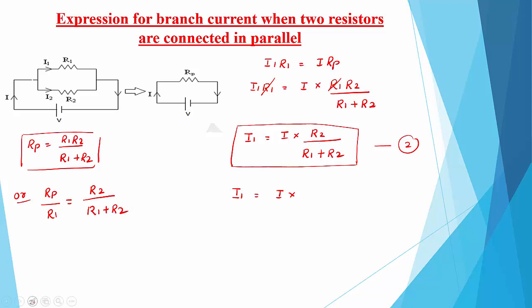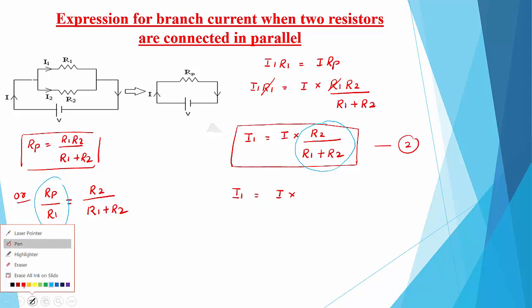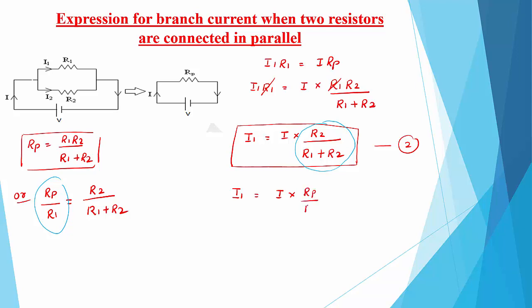Here you can observe, in place of R2 divided by R1 plus R2, I can directly write Rp by R1. So here I am going to write I1 equal to I into Rp divided by R1. Either you can use equation 2 or we can use this modified equation, that is I1 equal to I into Rp divided by R1. Here we consider the condition when I1 R1 is equal to IRp.